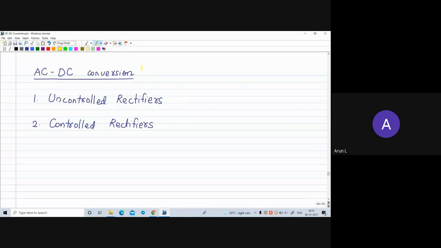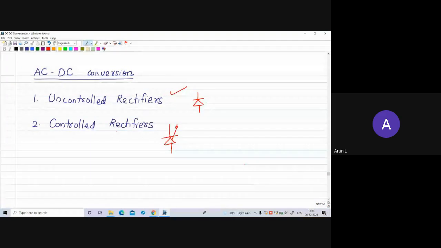So now coming to AC to DC conversion, now I will quickly go through this. So this we usually study in our undergraduate syllabus. We give more emphasis to AC to DC conversion using thyristors. So uncontrolled rectifiers means we use diodes, diode bridge rectifier or center tap diode rectifier like that. In controlled rectifiers we use SCRs.